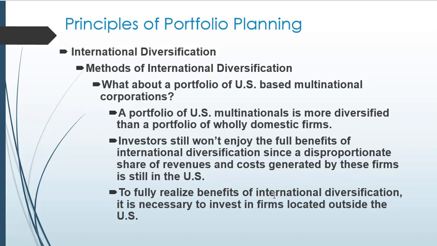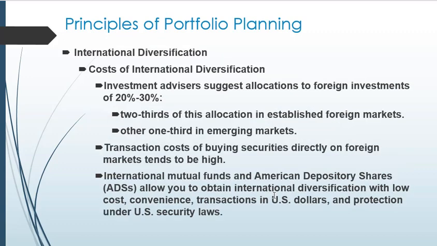The reason is the United States stock market is the biggest market in the world, so by definition you're going to have a very heavy weighting towards United States stocks. To fully realize the benefits of international diversification, we really should be looking for companies that are actually located outside of the United States and not have a domestic influence.